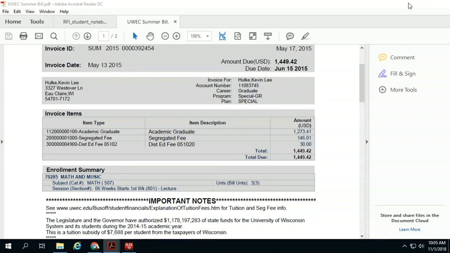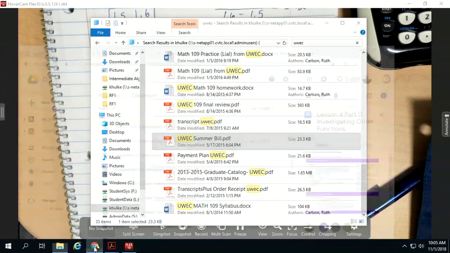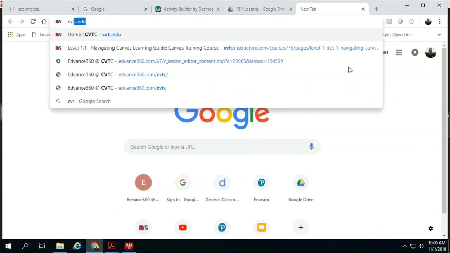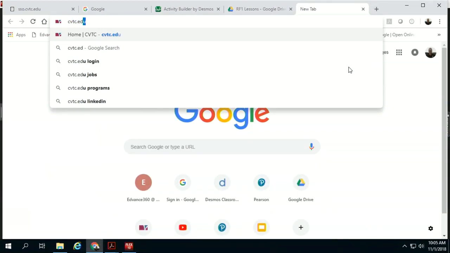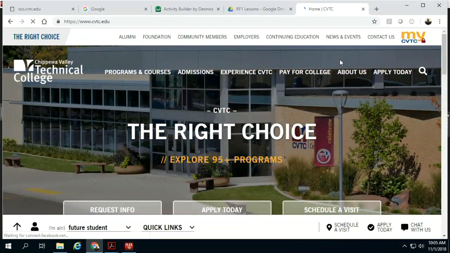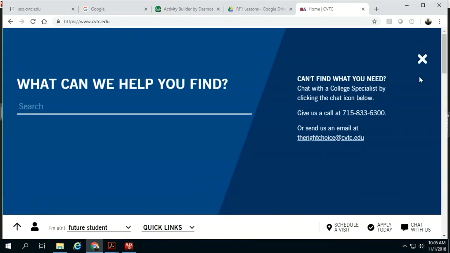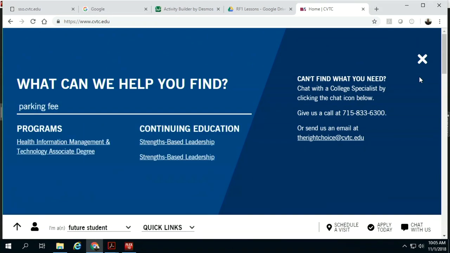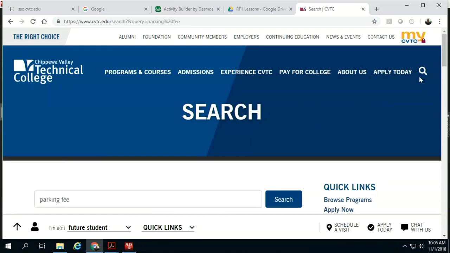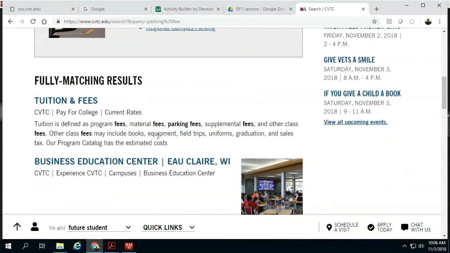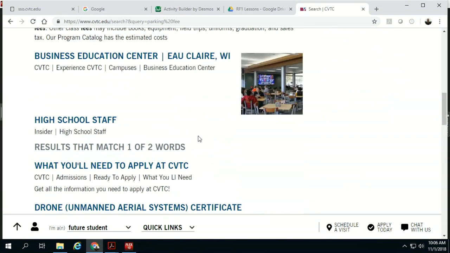Let's see how much the parking fee is at CVTC in Eau Claire. I go to CVTC.edu. Get a parking permit. Tuition is defined as program fees, parking fees, supplemental fees.